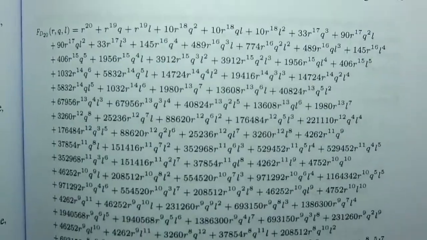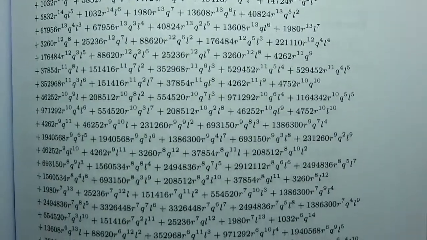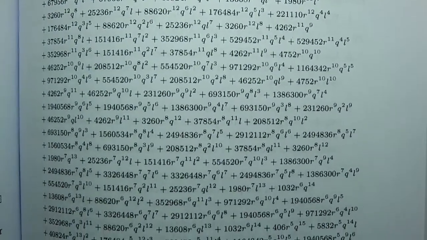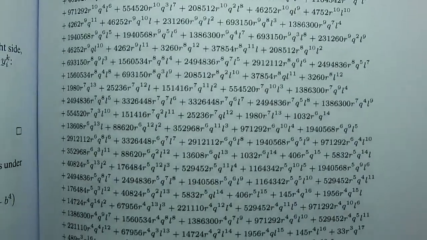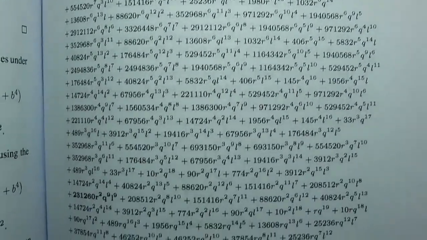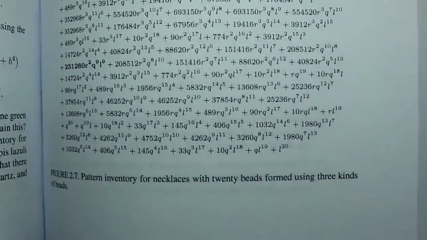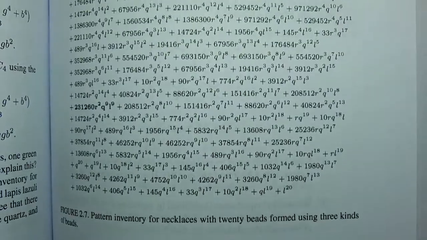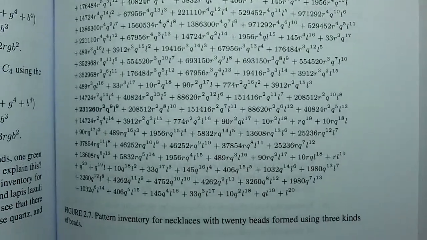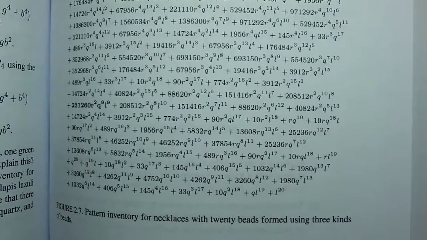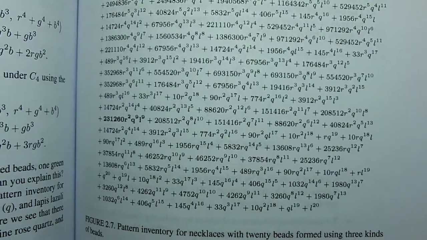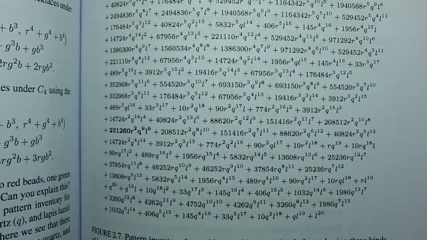So even using this theorem, computing the pattern inventory might be nasty like this, but good news. A computer can do this pretty nicely. This isn't so bad, right? It's bad for us to have to write it down or even have to print it in a nicely readable way, but a computer has no problem doing this.